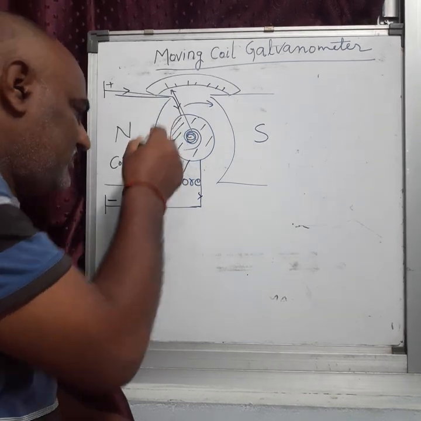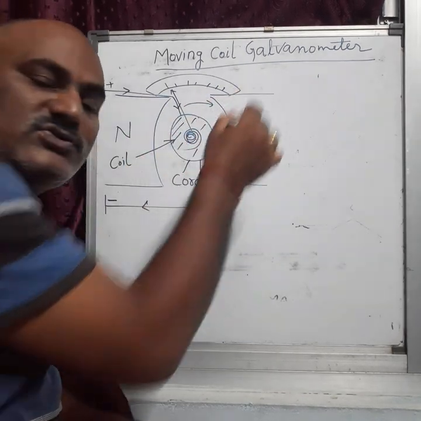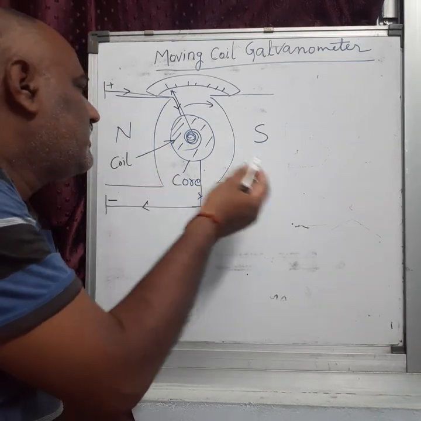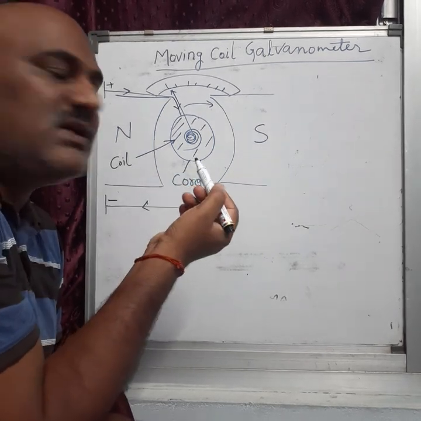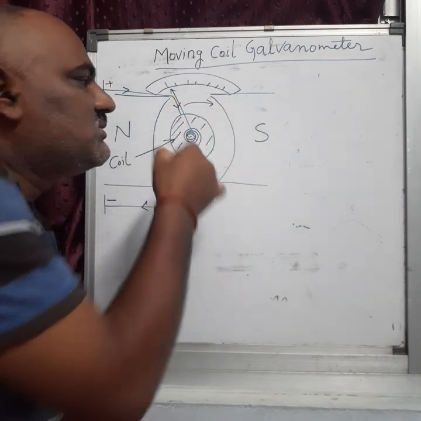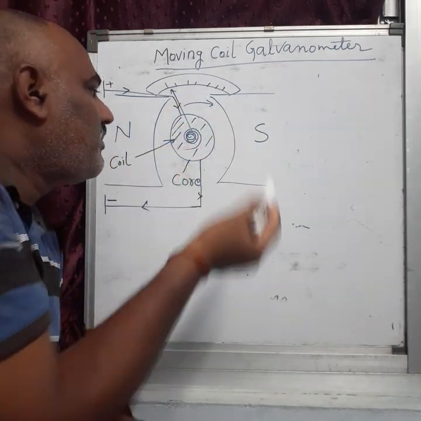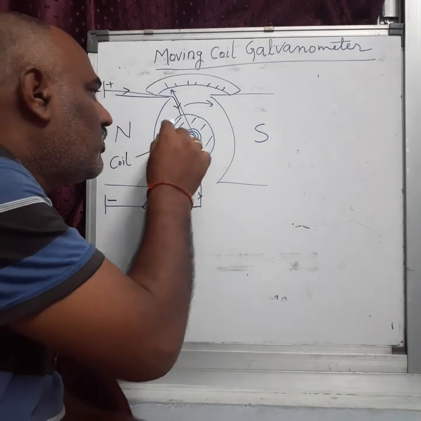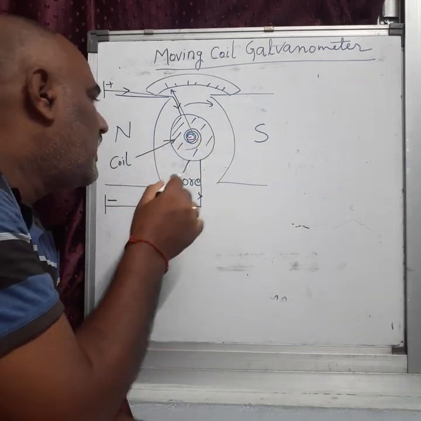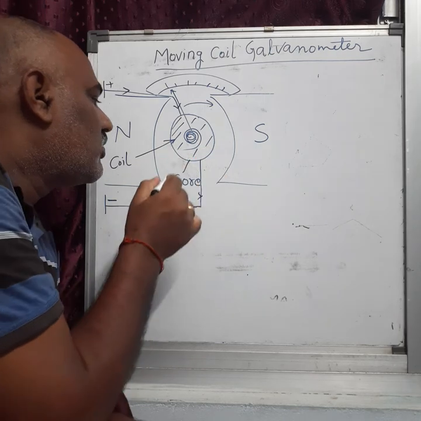So the first one is a magnet. North and south poles are fixed here, and in between the poles a uniform magnetic field is there. In this uniform magnetic field there is a coil. This coil consists of a core.